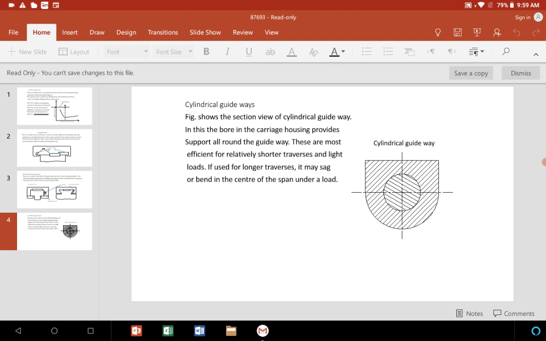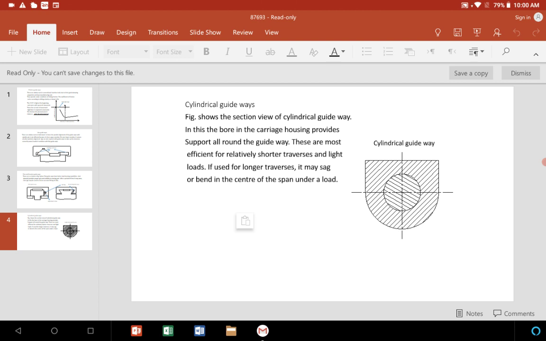Even it is dependent on the type of load, and the type of the job or shape of the job. If it is used for longer traverses, it may sag or bend in the center of the span under certain conditions or the load which is applied.